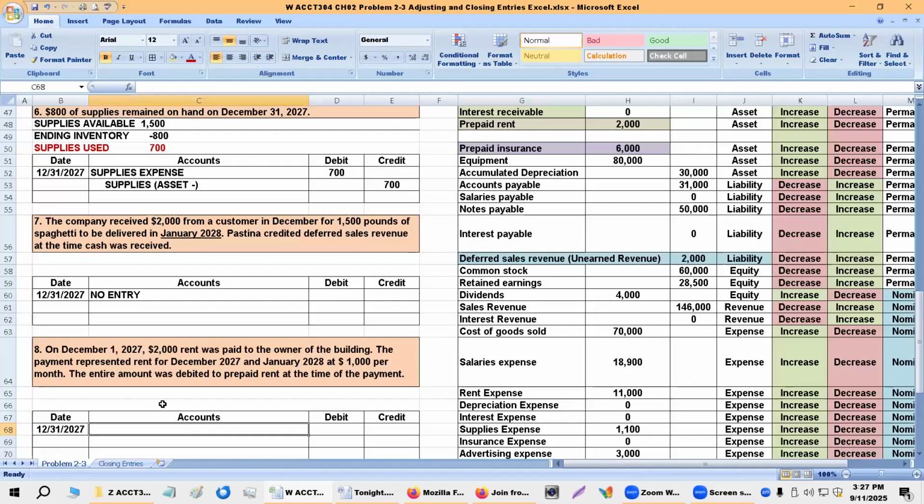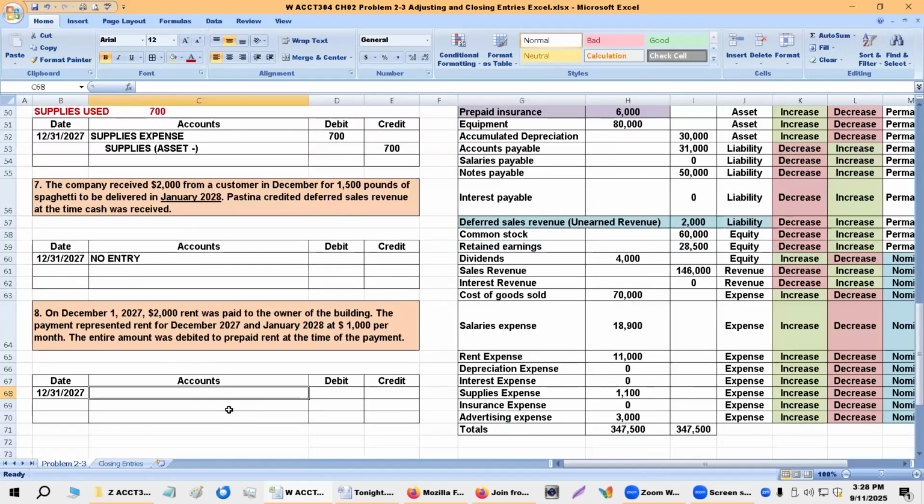Would it be rent expense? Yep, for 1,000. And on the other side, we've got to take it out of prepaid rent. Yep. Asset going down, we've now used up a month's worth of it.